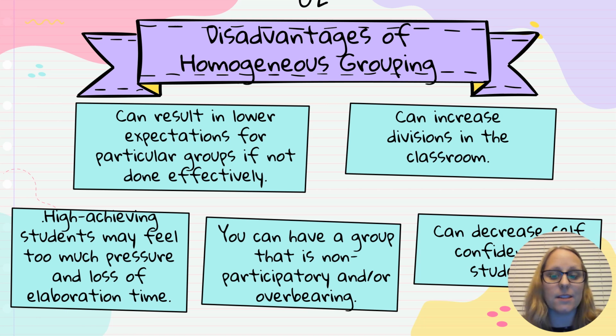High achieving students can sometimes feel too much pressure, and they lose a little bit of time to elaborate. Sometimes if you're putting a group of all high achievers together, the pressure is there because they oftentimes put too much pressure on themselves, and when they have a group of students who are like-minded and have similar strengths, it can be a lot.